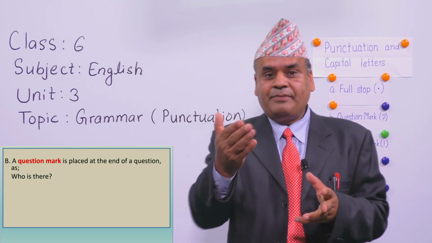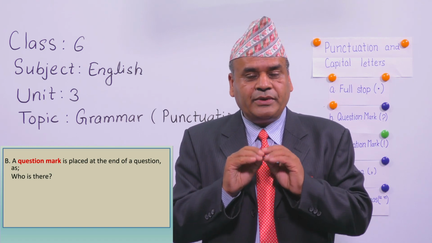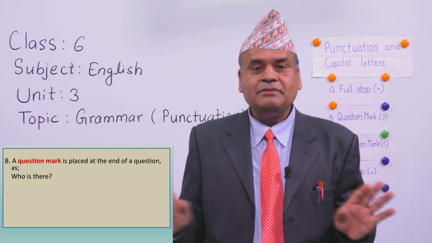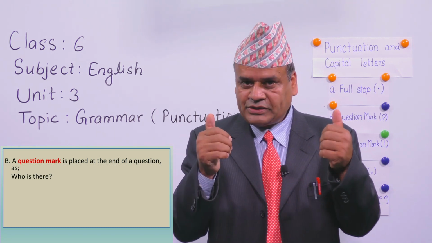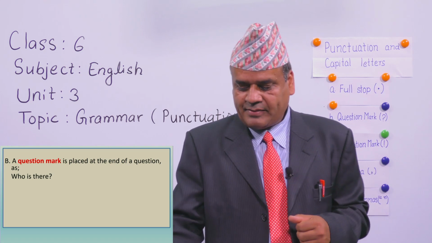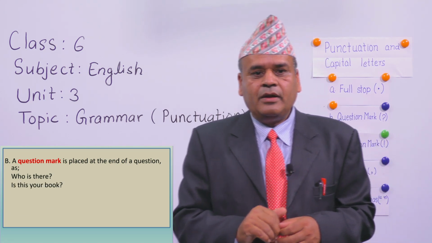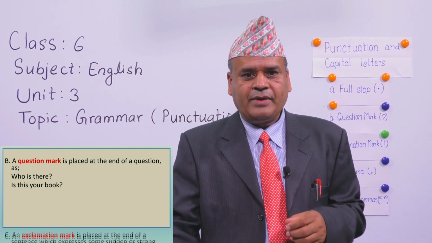With this sentence, we have used question mark. So, when we don't use question mark, grammatically, the written form of this sentence can't be the correct sentence. So, to make the sentence correct, we use question mark with the question. Okay. So, it is your book? Here comes again question mark.